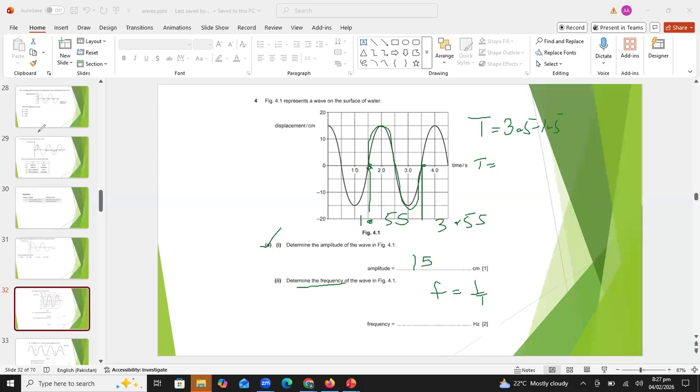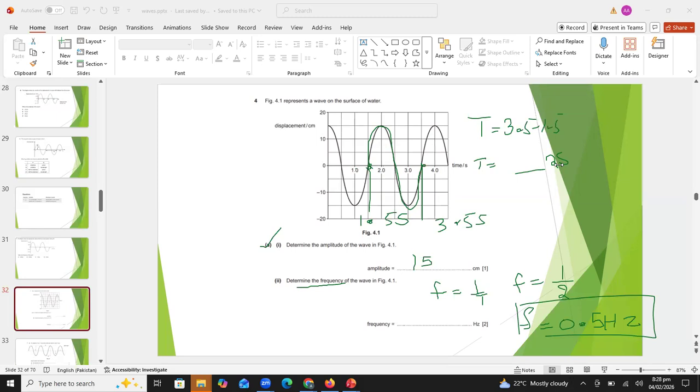I want to know the time period. 2 seconds. Exactly. The time period is 2 seconds. So frequency is equal to 1 upon 2, so frequency is equal to 0.5 hertz.